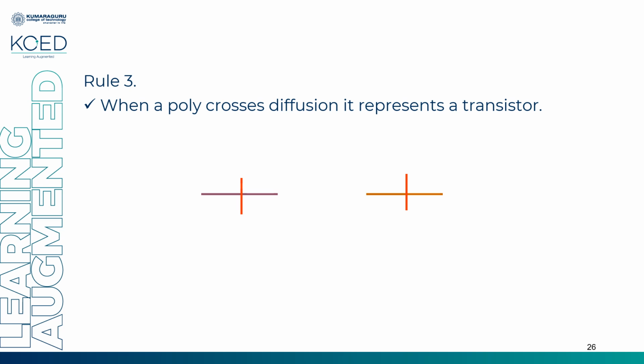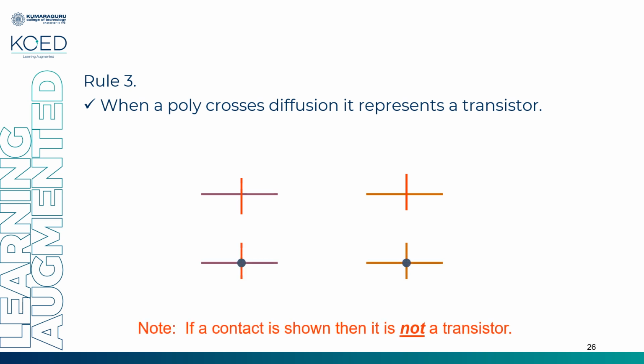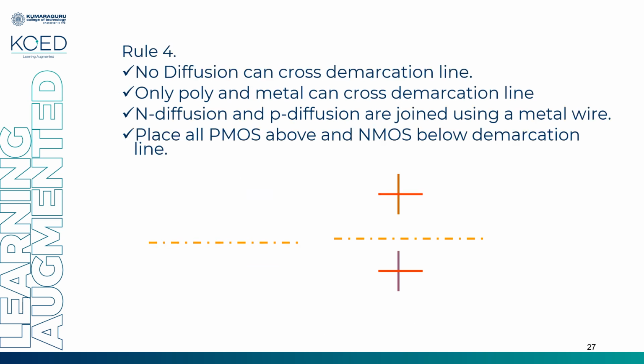When poly and diffusion cross without any connection or electrical contact mentioned, only then is it a transistor. If you mention a dot, then it is not a transistor. Naturally, when poly crosses diffusion, it is represented as a transistor. If electrical contact is established, represented as a dot, then it is not a transistor.